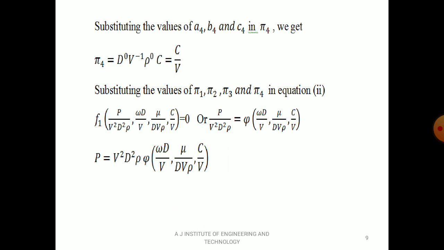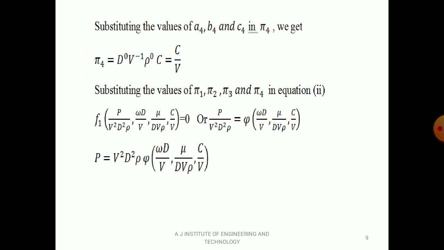I get the expression for pi 4 as d to the power 0 as the value of a4 is 0, v to the power minus 1 as the value of b4 is minus 1, rho to the power 0 as the c4 value is 0, into c. Upon rearrangement, d to the power 0 is 1, rho to the power 0 is 1, so I can take v to the power minus 1 to the denominator. So I get the expression for pi 4 equal to c by v.